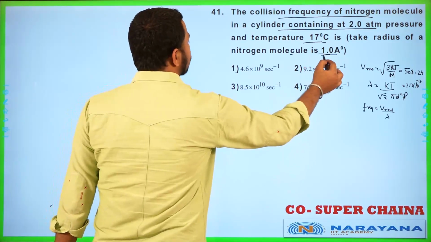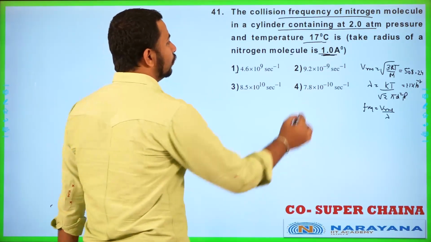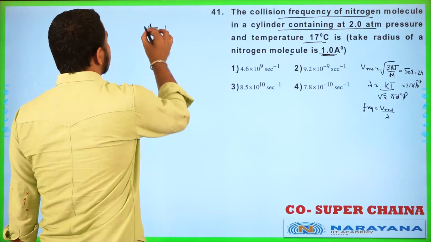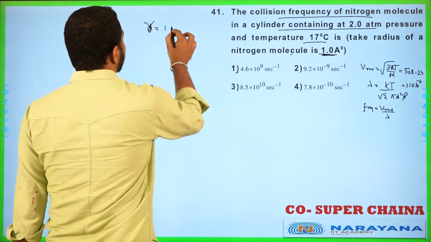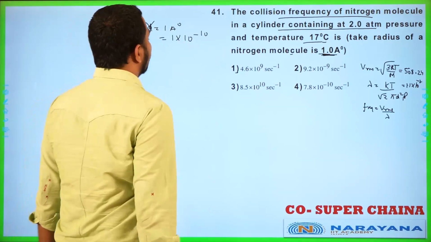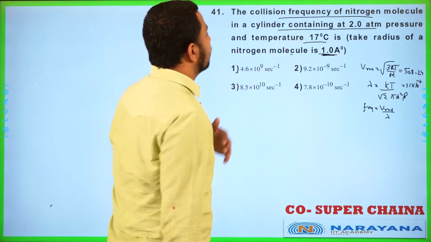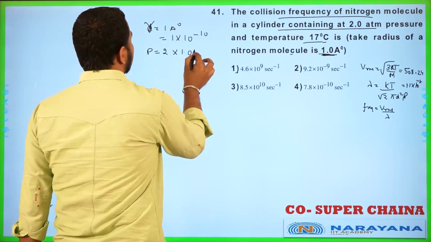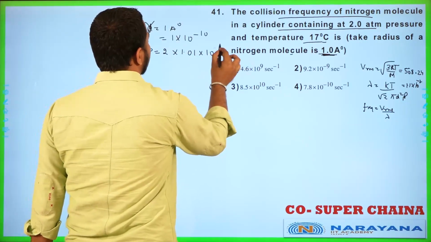It is given in angstrom, so we'll convert this into 10 to the power minus 10 value. Here R is given as 1 angstrom. So this will be 1 into 10 to the power minus 10. Okay. Now this P is given as 2 atm. So 2 into 1.01 into 10 to the power 5.